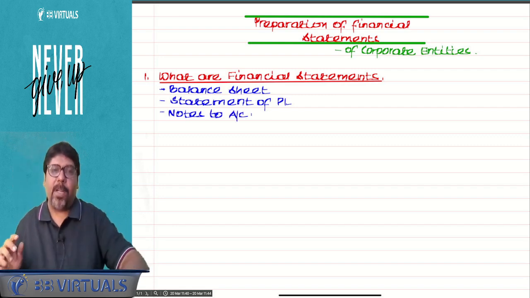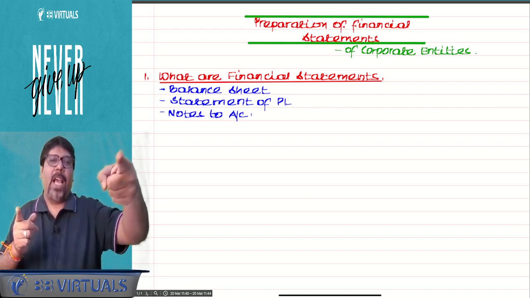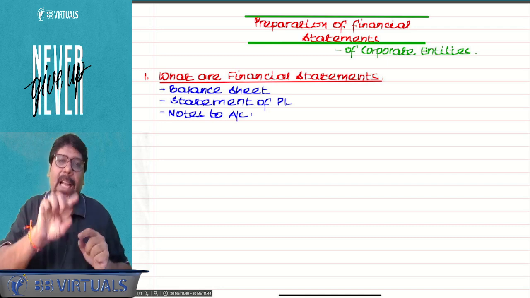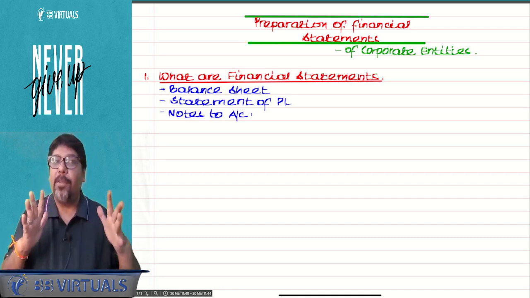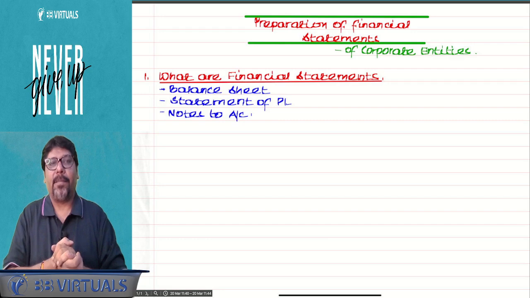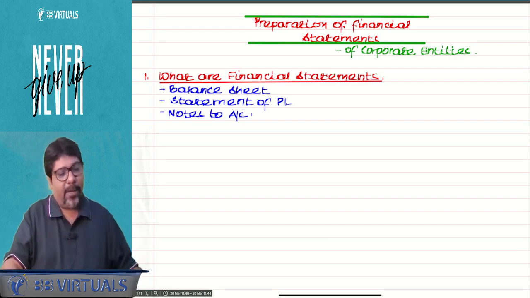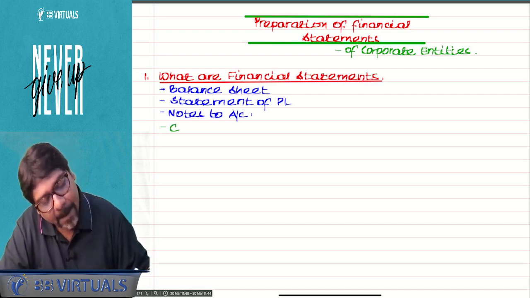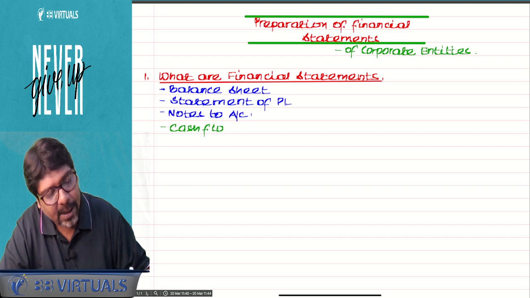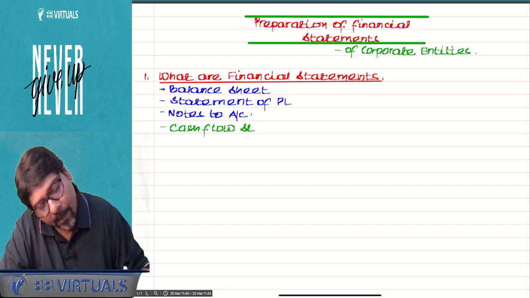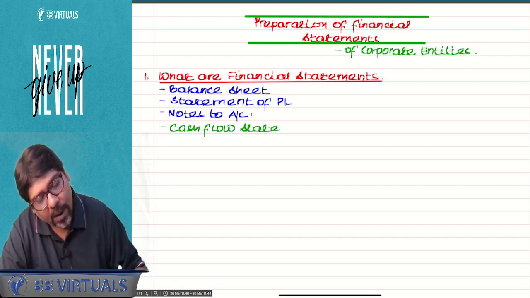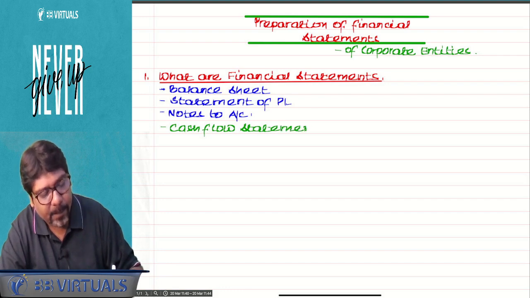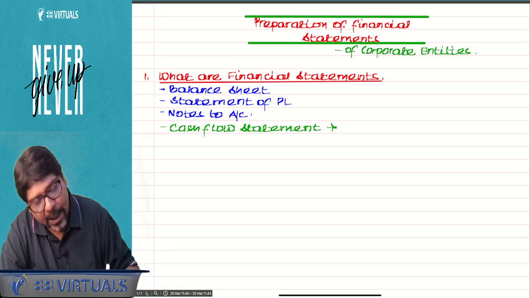Now, chartered, I am sure you would have heard, sir, cash flow statement is also there. I know it is there. But cash flow statement, don't you think it is not given in Schedule 3? It is given in AS3. Correct. So cash flow statement is there. I am not denying, beta. But cash flow statement we study in AS3.